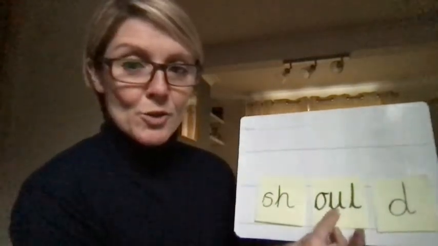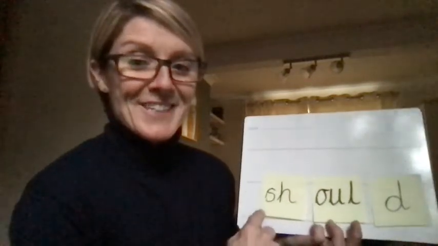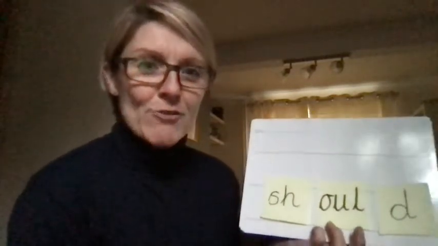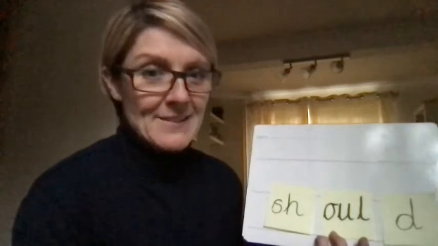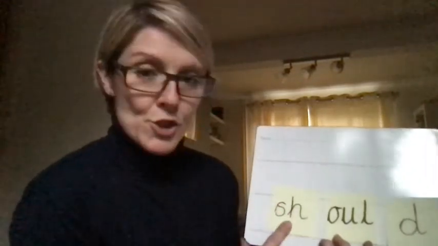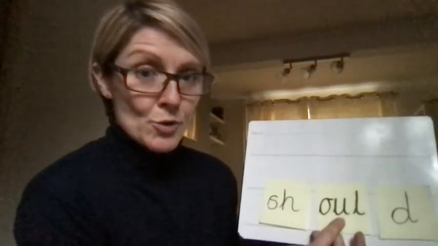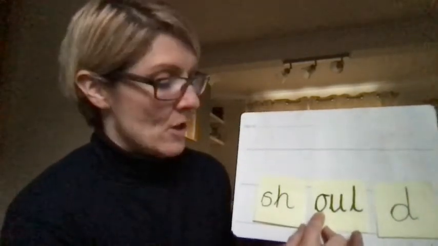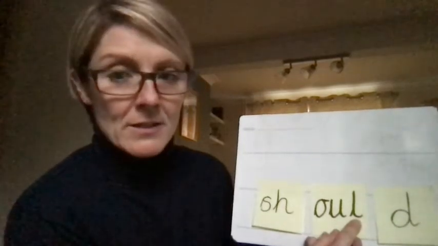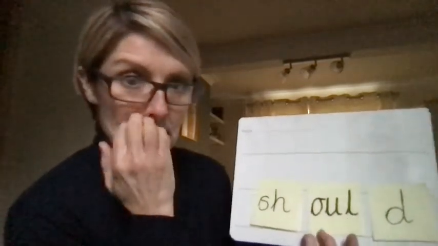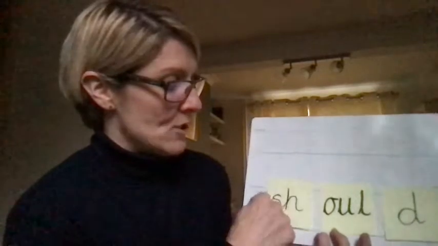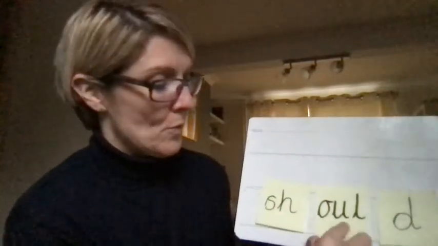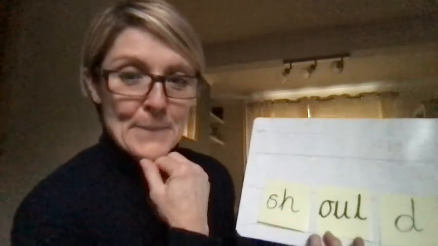Sh, oo, d. Should. Can you write that on your piece of paper for me, please? So, sh, oo, d. Making sure that you get o, a, oo, in the right order. So this has one digraph, one trigraph, and a single sound. Okay, should.